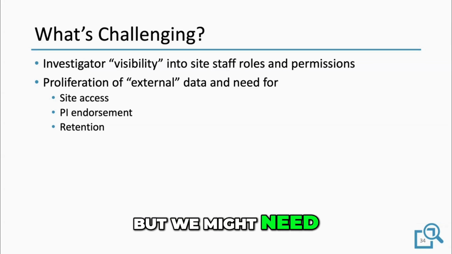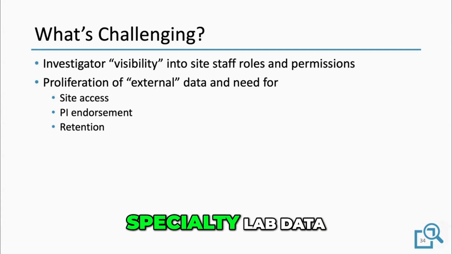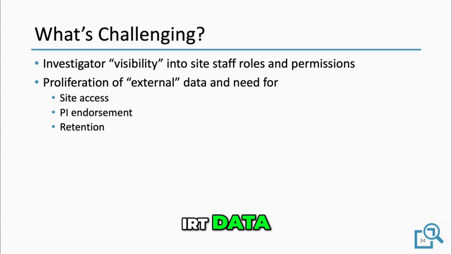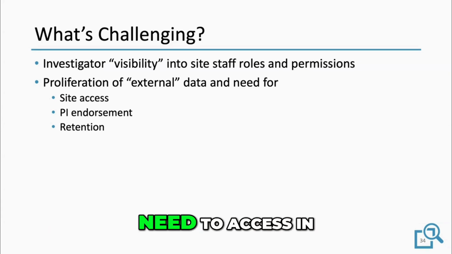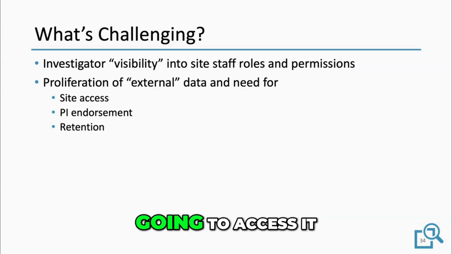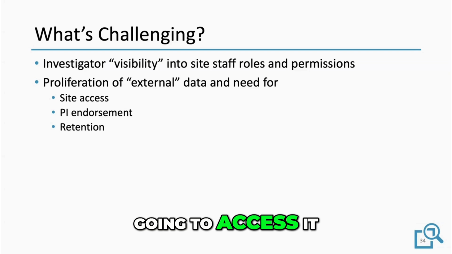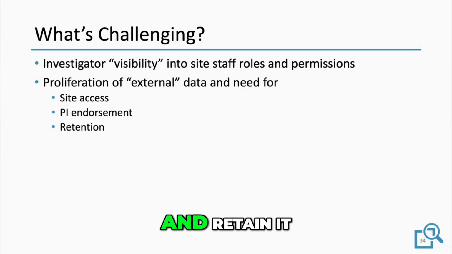But we might need to assess other data streams: central lab data, specialty lab data, IRT data, ePRO data, and determine what investigators need to access in order to evaluate safety and efficacy and eligibility, and also how they're going to access it, and then how they are going to endorse it if we think that is necessary, and retain it.